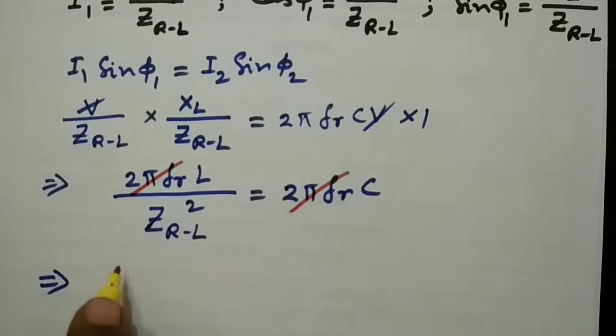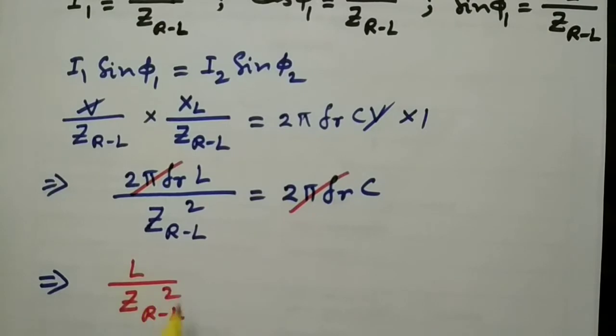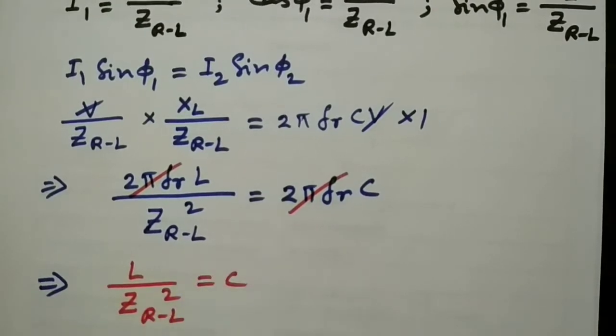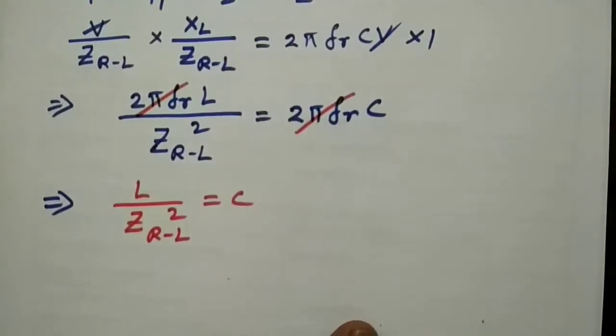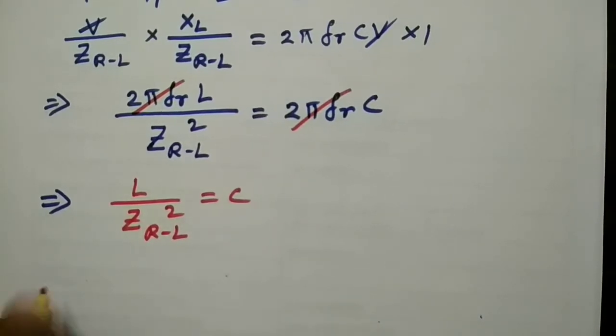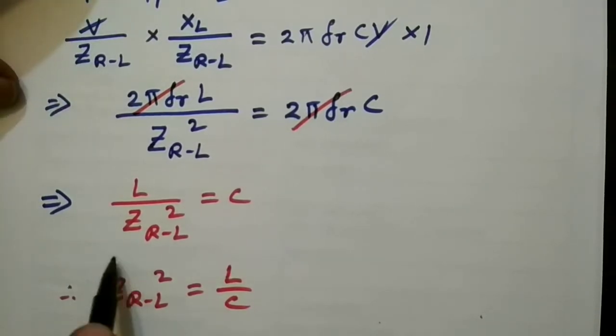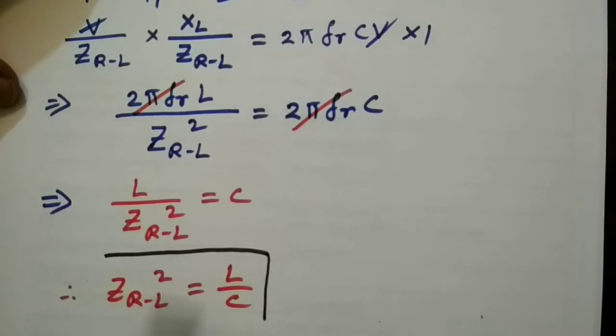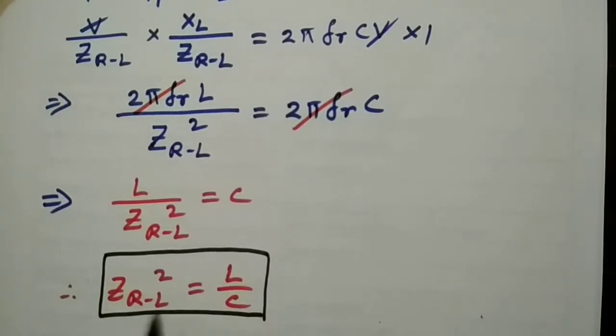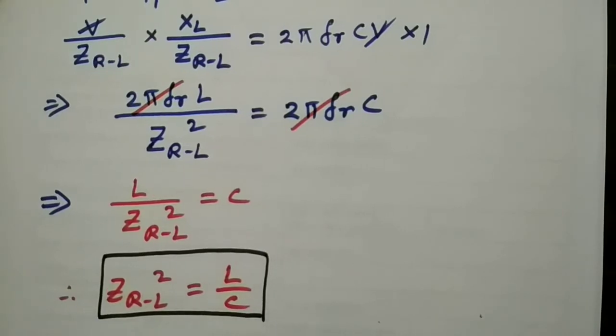So it is L by Z of RL square, and it is equal to C. Finally we can write Z of RL square is equal to L upon C. So you have got an expression that will be used later.